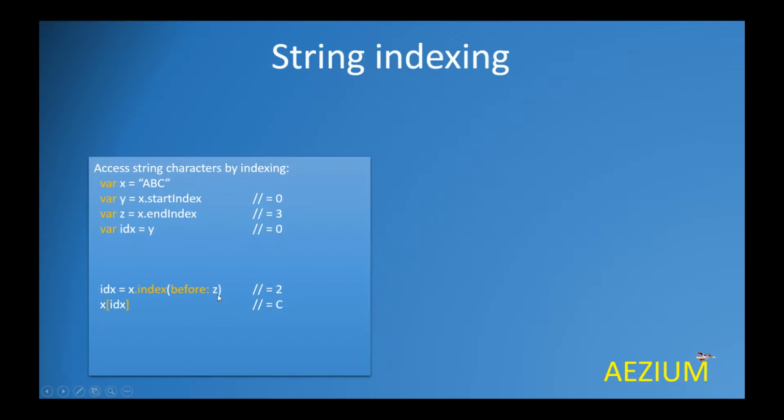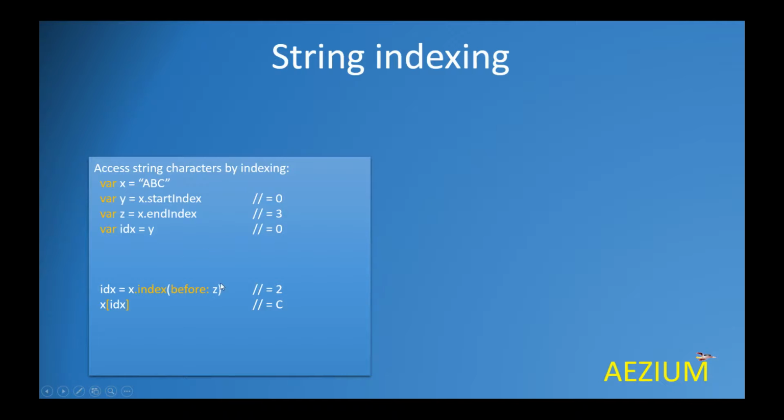So in this case, I'm starting with z. z is the end index, so we are pointing at the character that would come after C. And then this arrangement is saying, okay, whatever that index is, which is 3, z is equal to 3, we go one before. So we are looking at index 2.